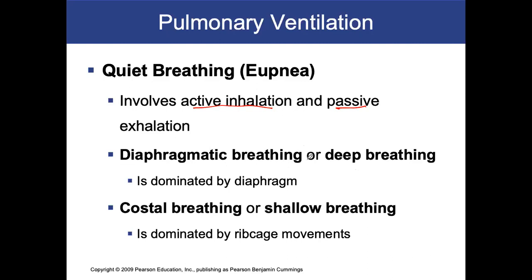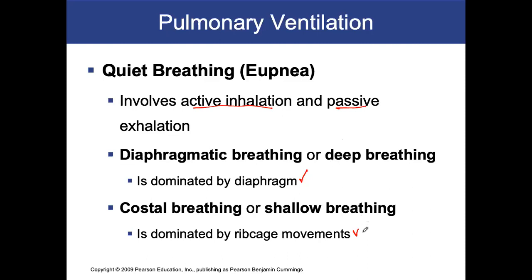Diaphragmatic breathing or deep breathing is dominated by the diaphragm. And then costal breathing or shallow breathing is dominated by rib cage movements. Usually you can tell if somebody's diaphragmatic breathing because this is considered to be belly breathing. When somebody is trying to take deep breaths to relax, they're going to do deep breathing.